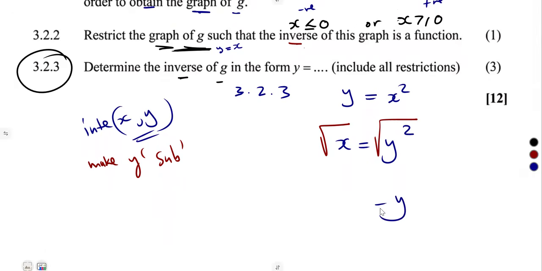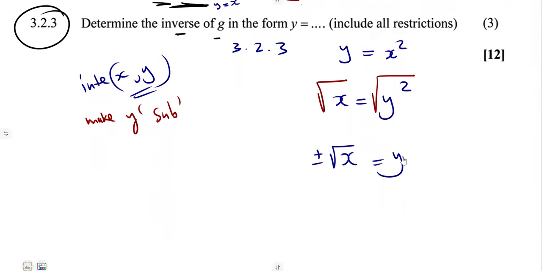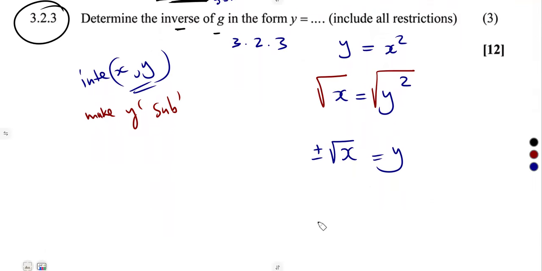So y is equal to the square root of x, which we do understand that the square root of any number is plus or minus. That is where we are obtaining that relation concept, all right? So this is what we are going to have as our inverse: y is equal to plus or minus the square root of x.